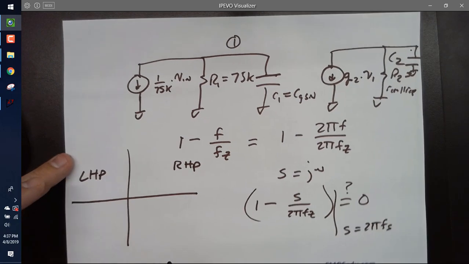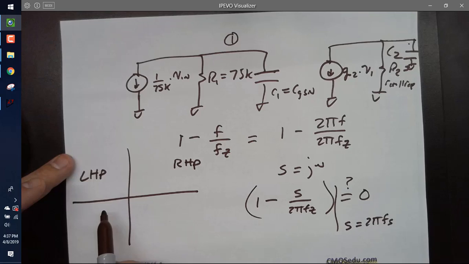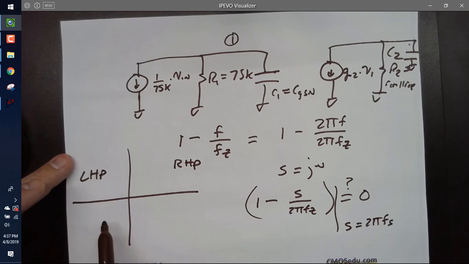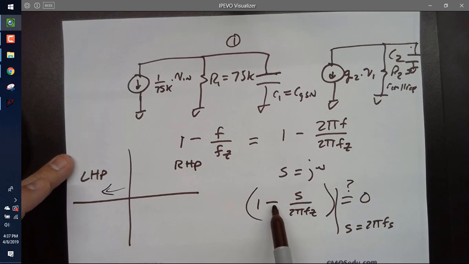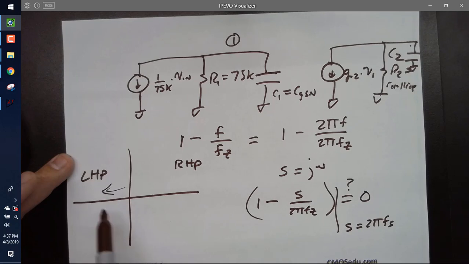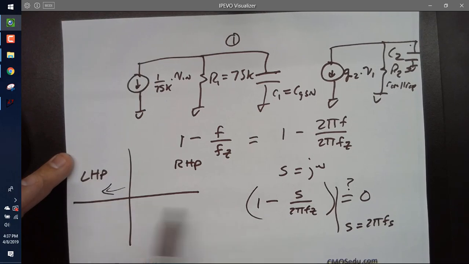Normally your poles and zeros are over here, where they're negative, because you have this term as positive. So in order for this to go to zero, s would be a negative number in the left half plane. But here, my s is going to be a positive number in the right half plane, or on the border there. And so my zero is going to be in the right half plane.